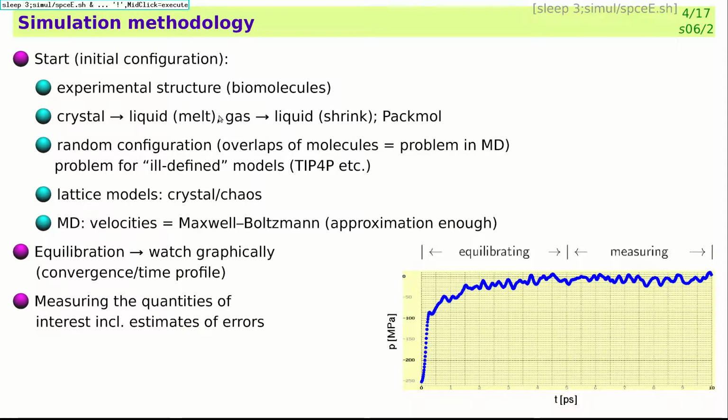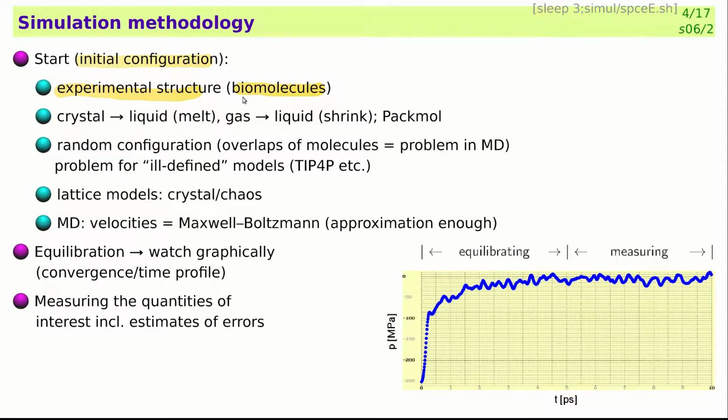So let's go back to the simulation methodology. Every simulation starts from a certain initial configuration. In biology, we often choose the experimental structure for biomolecules like proteins and so on. You can download structures, obtained usually by X-ray diffraction, from databases.